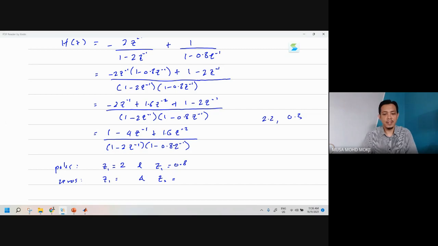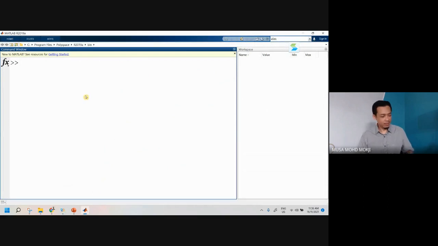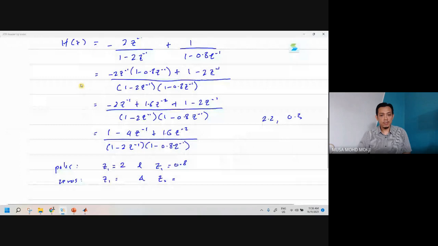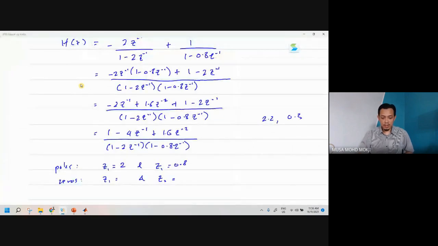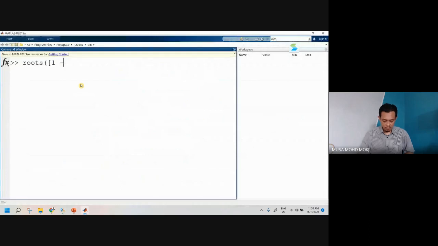Okay, let's see. I have a big calculator here. This is called MATLAB. What I can do is just use the function roots of 1, minus 4, 1.6.